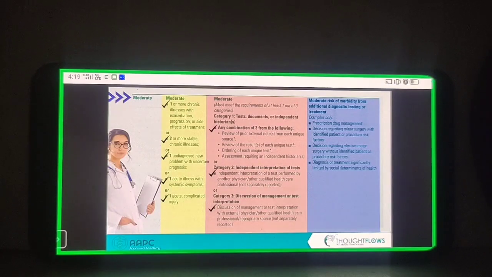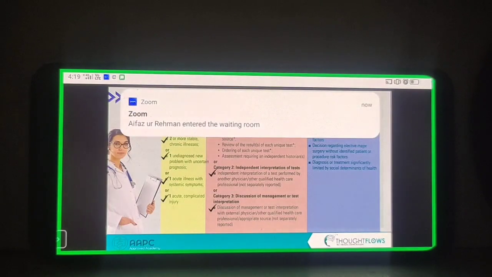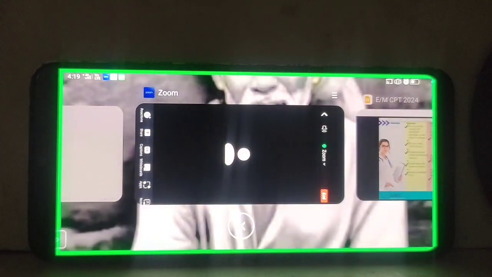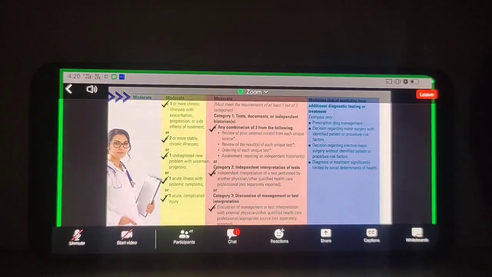The doctor ordered two tests, a nasal swab test and blood test, and the test result was discussed with another doctor. So here, ordering of tests satisfied category 1, and another physician satisfied category 3. But for category 1, how many points do we need?